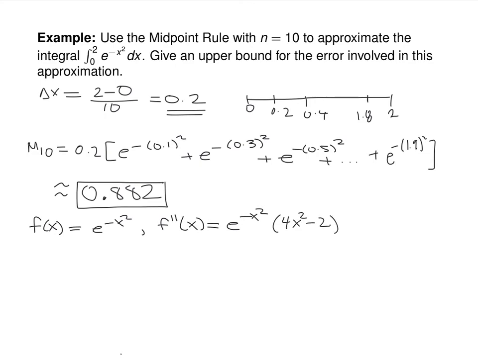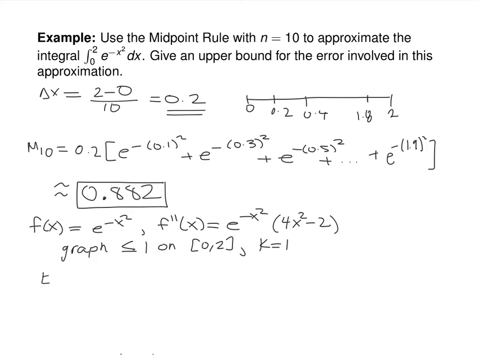And when I graphed this function, I found that this thing is less than or equal to 1 on the interval from 0 to 2. So I'm going to take k equals 1. And I think it was actually just less than 1, not even less than or equal to.